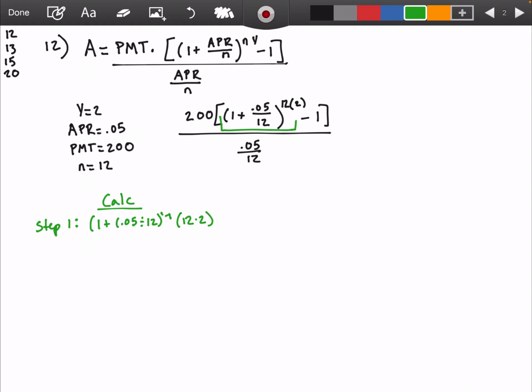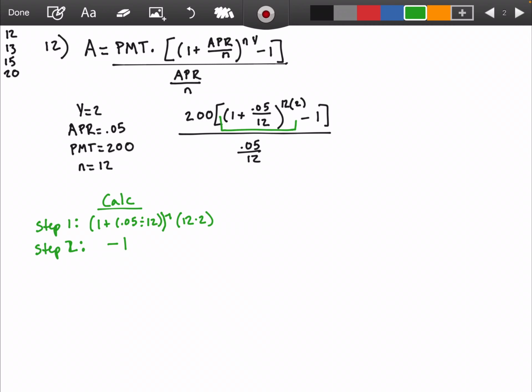I missed a parentheses. That's important. And then I'm just going to hit minus 1 from there, so subtract 1, because it'll bring up answer minus 1.